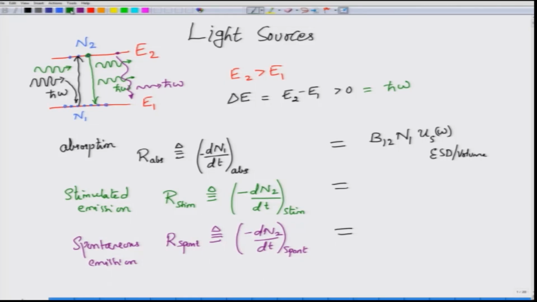He also said that stimulated emission should similarly be described by another constant B21. It of course depends on how many atoms you have in level 2, which is N2, and finally the energy spectral density of the radiation that is present. So, this is the stimulated emission. For spontaneous emission, there was no need to have any external photon agency, it happens spontaneously.